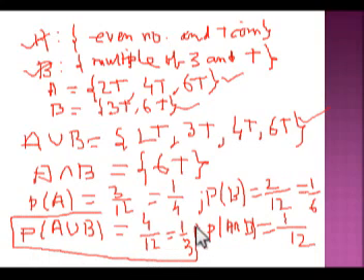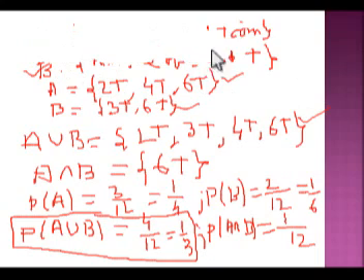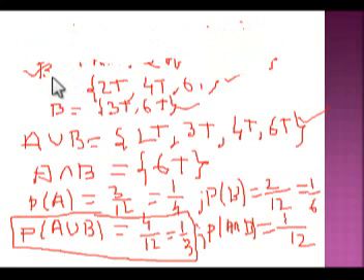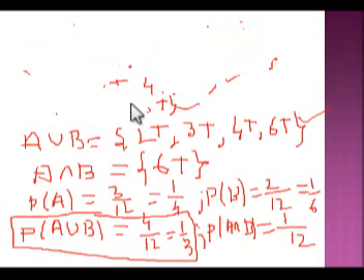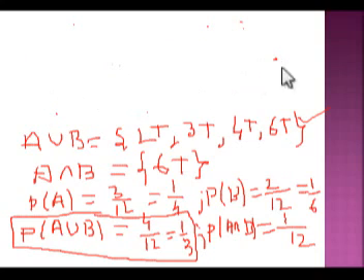It is already calculated. Now, if we wish to verify the formula I have already written, that probability of A union B must be equal to probability of A plus probability of B minus probability of A intersection B, then we will find out whether this is true or not.